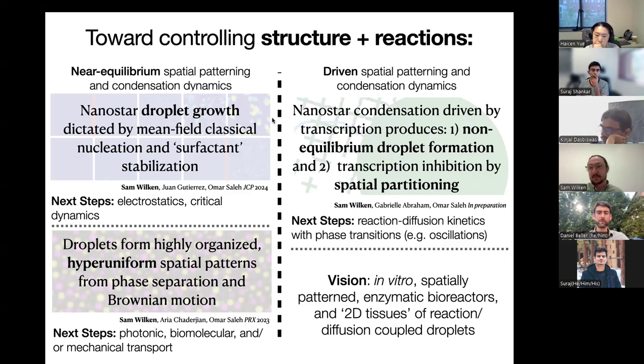But there are certainly microscale interactions that we're not thinking about that might play a role in things like the mesh size of the network, because you can do rheology on these systems.